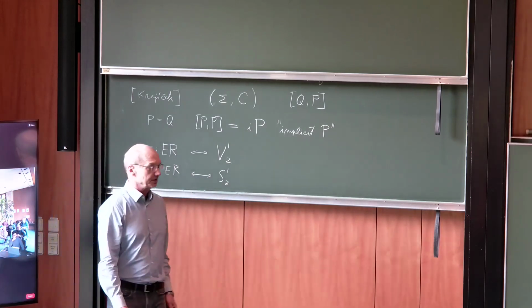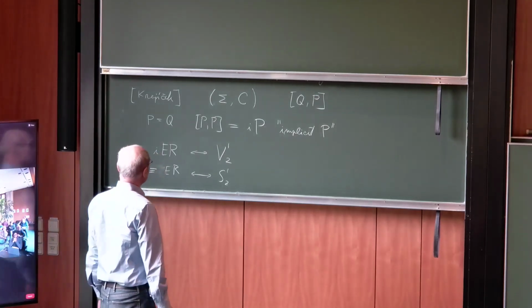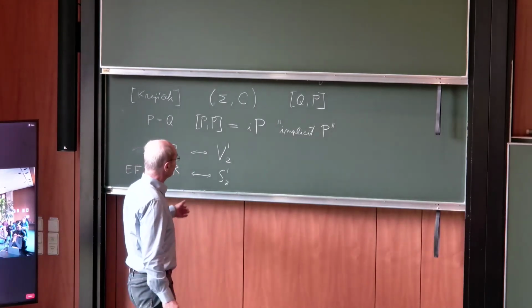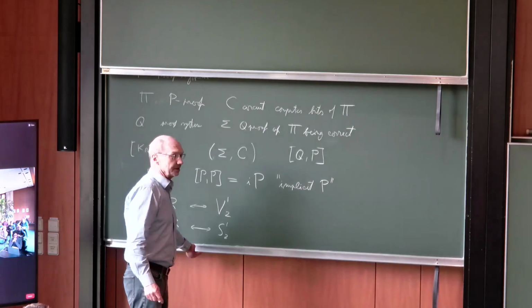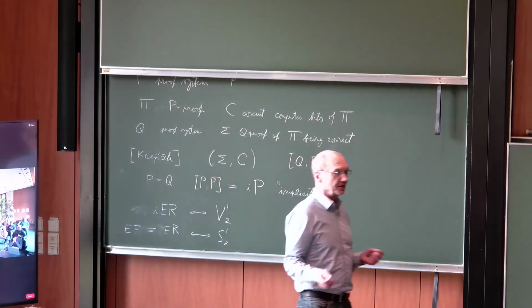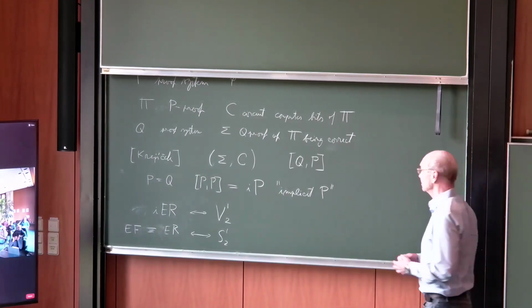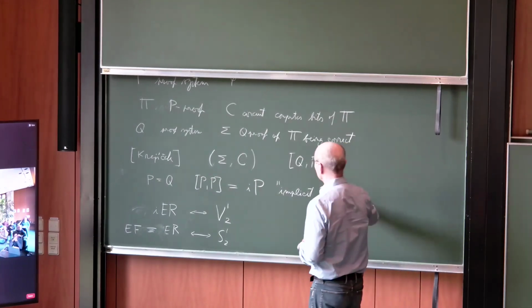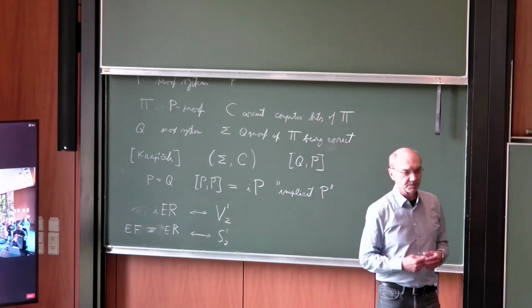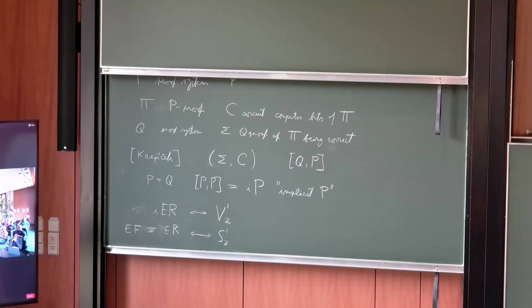Now, one problem with this concept is that it is not very robust. We have to have a concept such that if we have polynomially equivalent proof systems, in the sense that they polynomially simulate each other, then if we raise this into an implicit proof system, we get again polynomially equivalent proof systems. And this is most likely not the case.